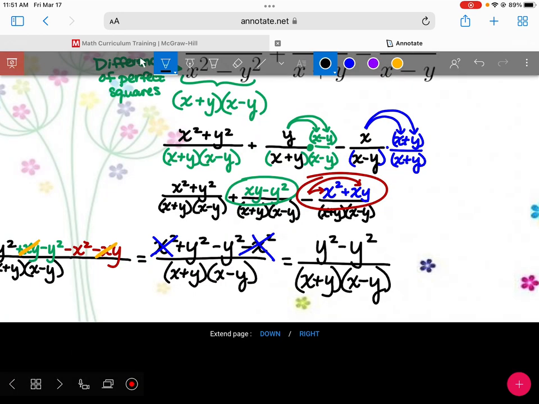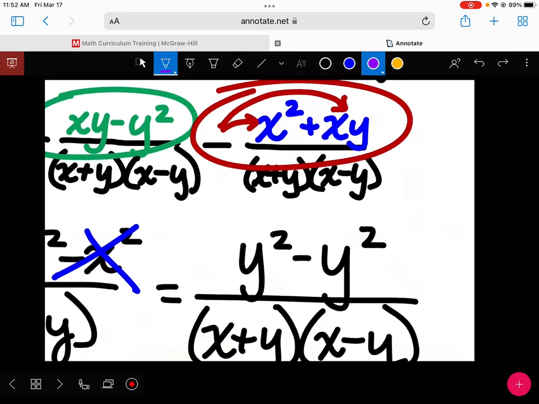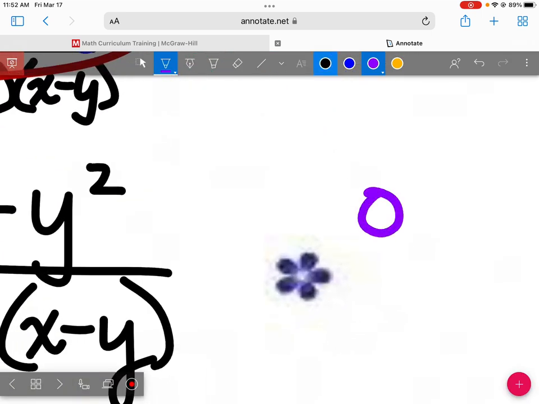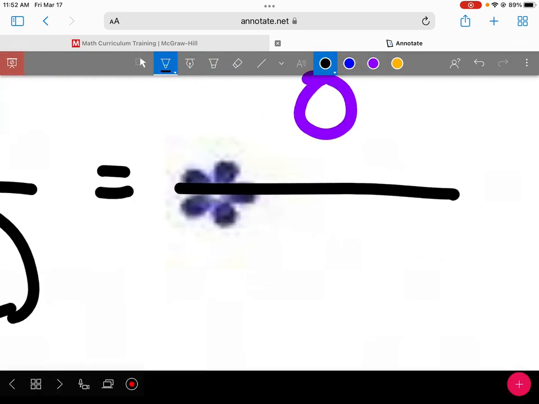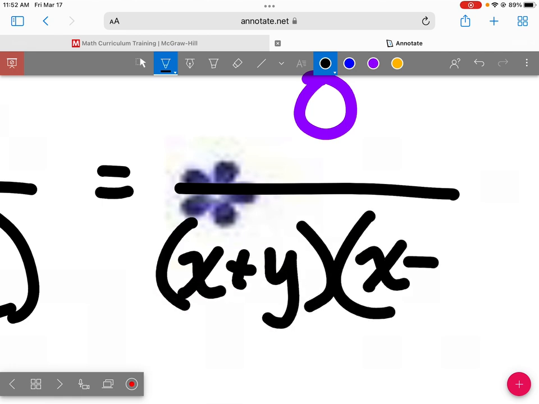You said the y squareds cancel. If I cancel by subtraction, like let's pretend this was numbers. If this was 5 minus 5, what is 5 minus 5? 0. So what is y squared minus y squared? 0. So I've got 0 over x plus y, x minus y.